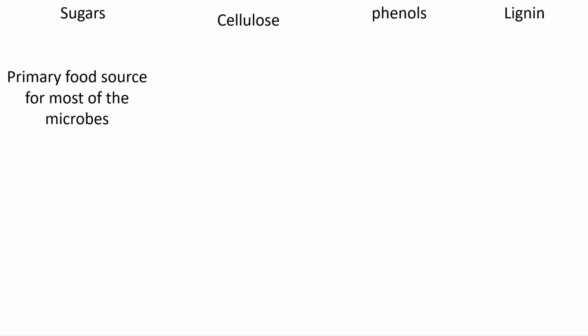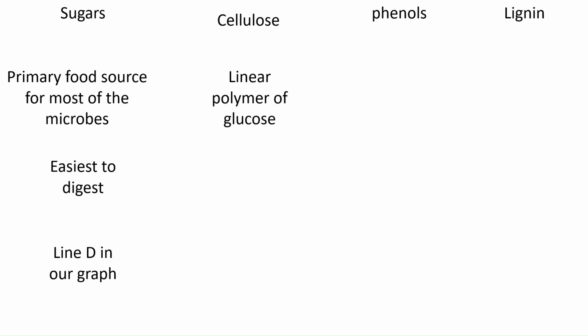So they will be easiest to digest and to be degraded, and so in our graph, they should be the line D, that is the quickest to be degraded. Now coming to cellulose. Cellulose is a linear polymer of glucose, so it will still be easier to digest, and in our graph, it should fit with line C.